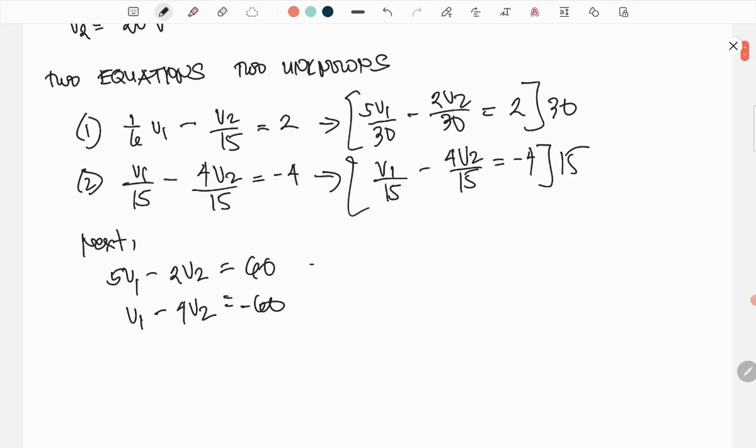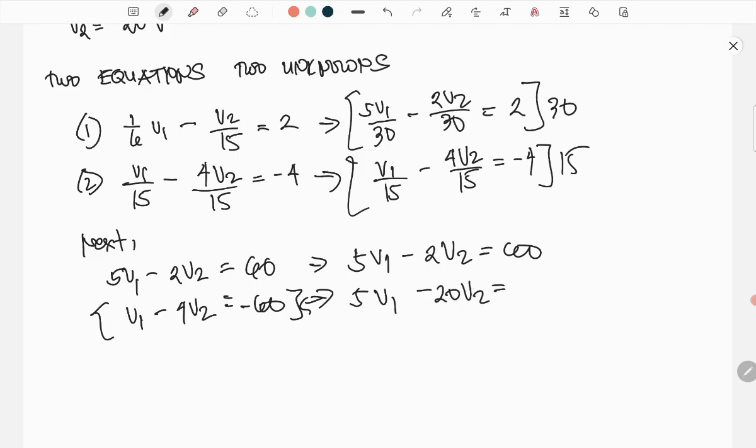Then if we want to eliminate V1, we multiply this equation by 5. So 5V1 minus 2V2 is equal to 60, and 5V1 minus 4 times 5, that's 20V2, is equal to negative 60 times 5, that's negative 300.